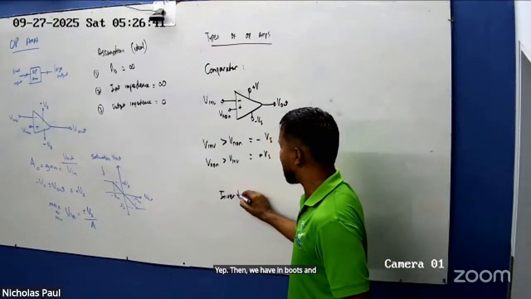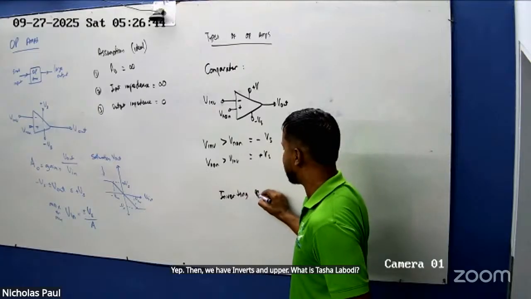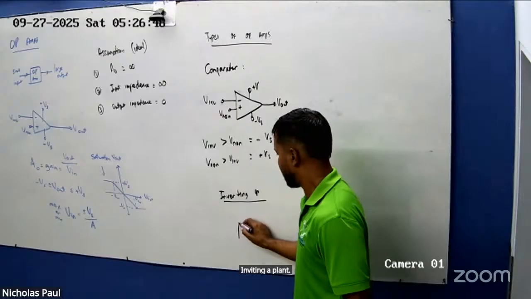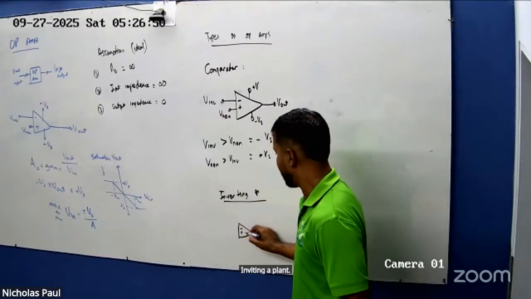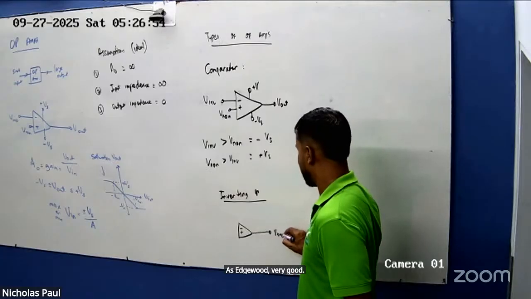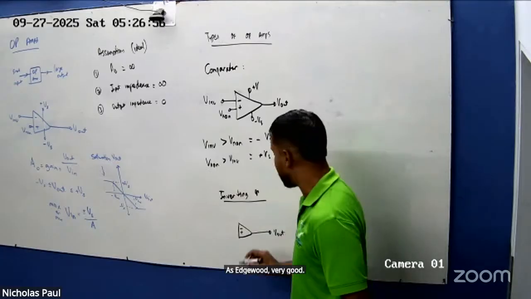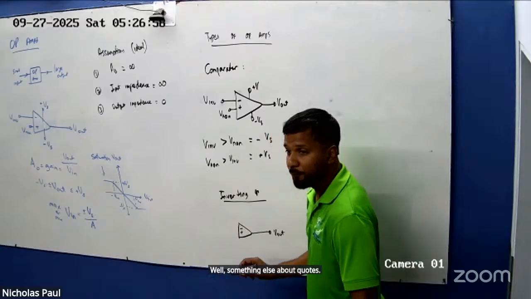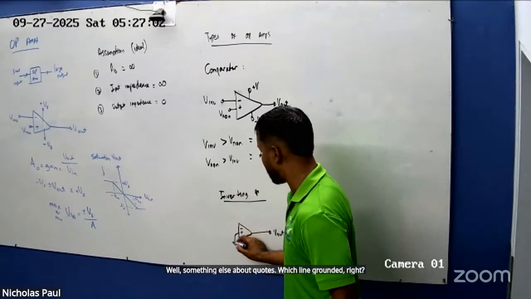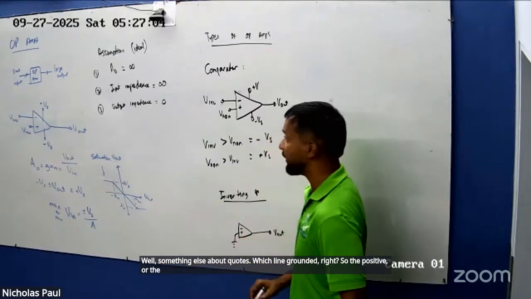Then we have the inverting op-amp. What is special about the inverting op-amp? It inverts. Very good. Well, something else about it. Which one is grounded? So the positive, or non-inverting, is grounded.